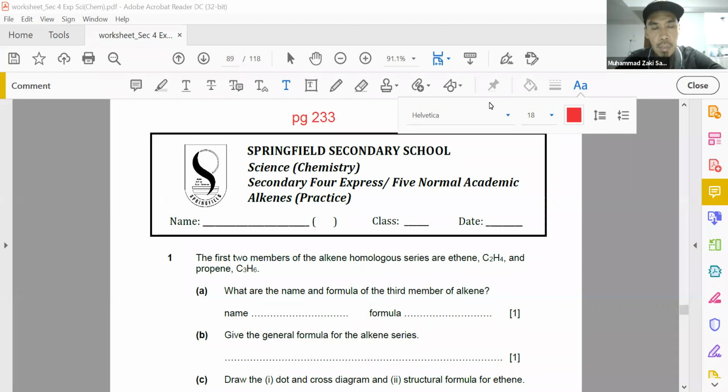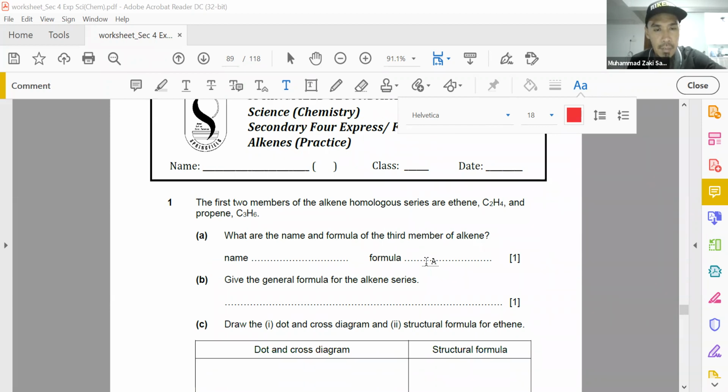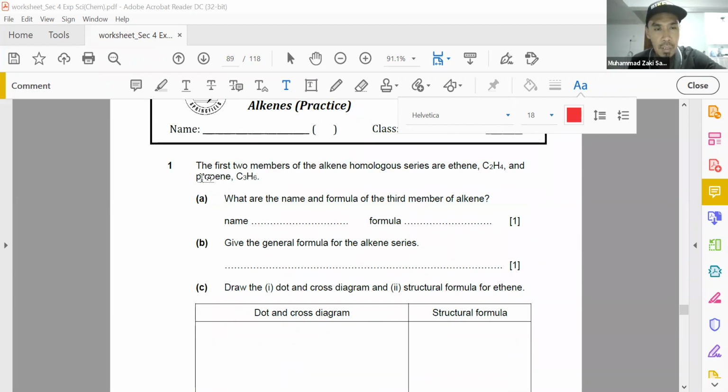To consolidate your knowledge, you are required to do the exercise here, page 233. Question one: the first two members of the alkene homologous series are ethene and propene. What are the name and formula for the third member?